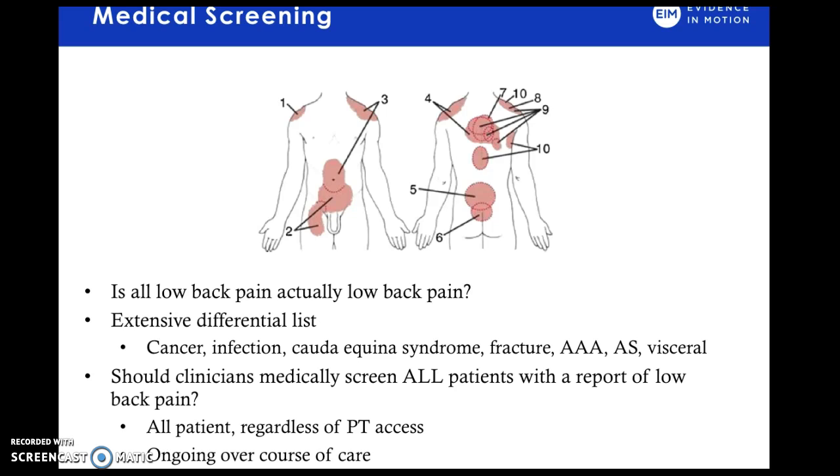First off, with medical screening, really the question to be asking is, is the patient coming to you with low back pain? Is that low back pain actually lower back pain, or is that a presentation which might have visceral components and/or some of the more significant issues that may present?